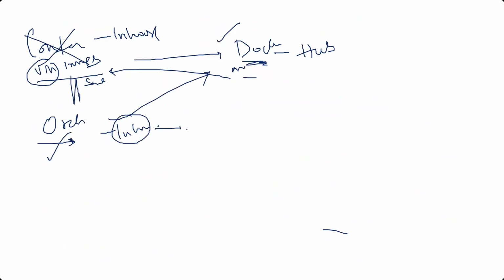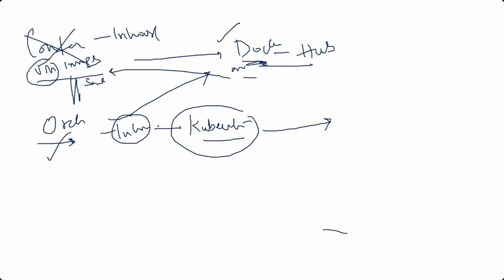So what happened? People figured out a gap, and Kubernetes was developed, in parallel to when Docker was creating Docker Hub and Docker Engine. By the time Kubernetes was telling Docker, I am here to manage all your images and take care of automated orchestration, Docker said, I don't need you, I have Docker Swarm.